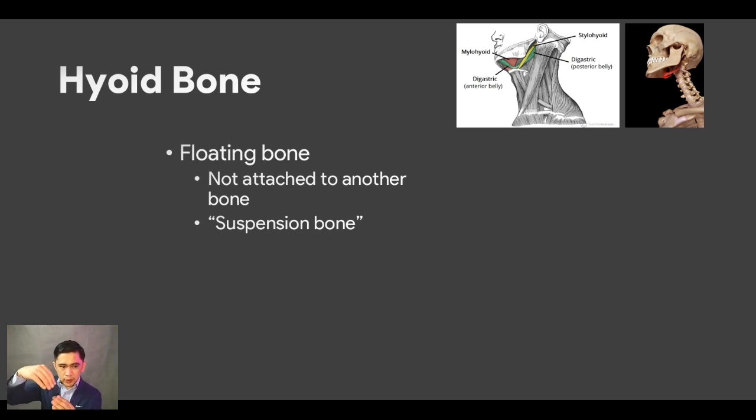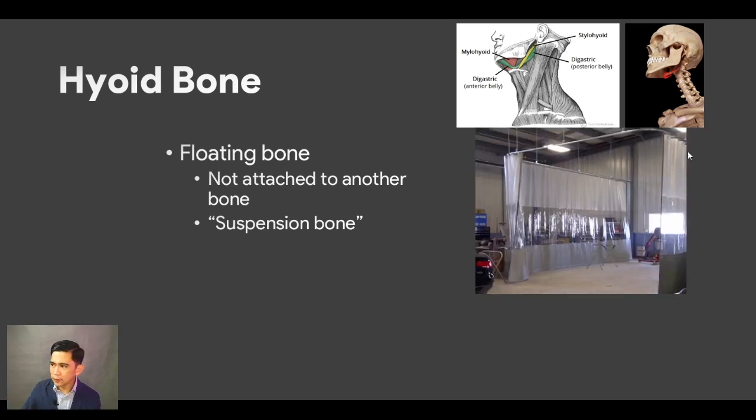So the muscles above and the muscles below will put tension, and thus it just floats. Just like this one. This is a suspension bar. It is supported above and supported below. It's just like the suprahyoid and the infrahyoid muscles. That is a suspension bar.